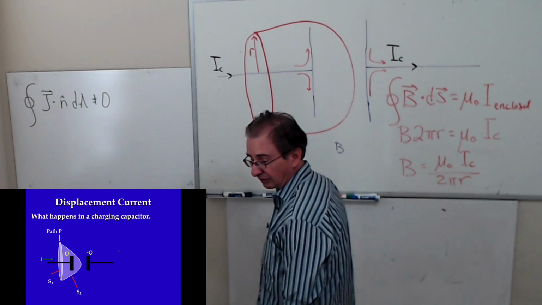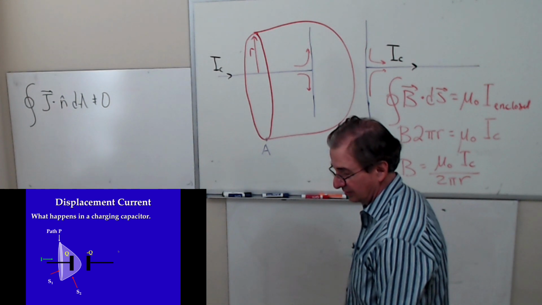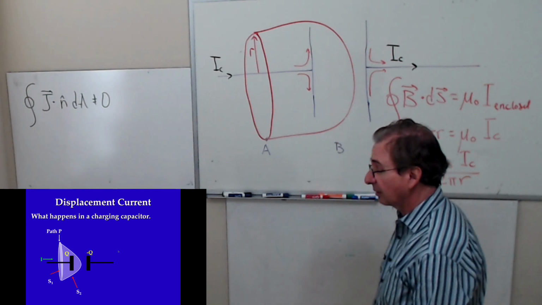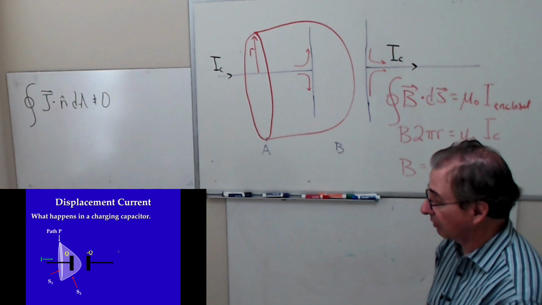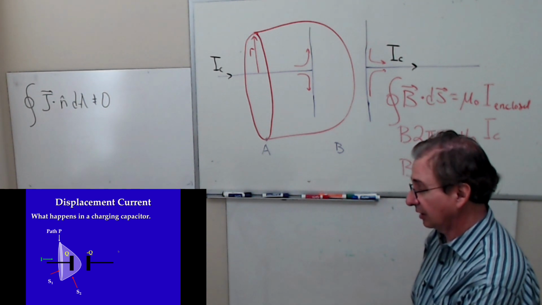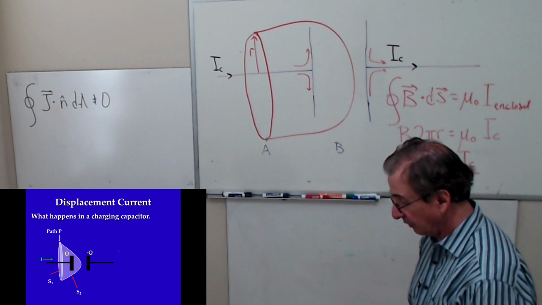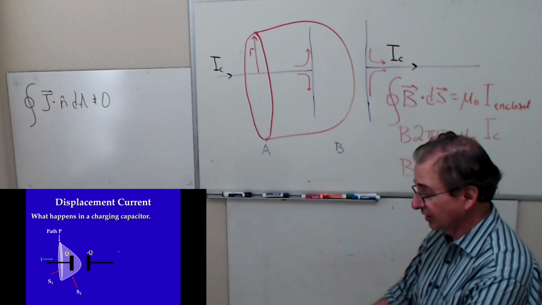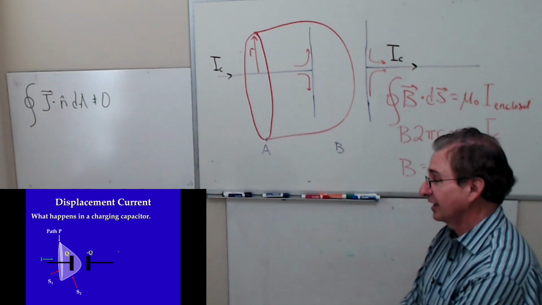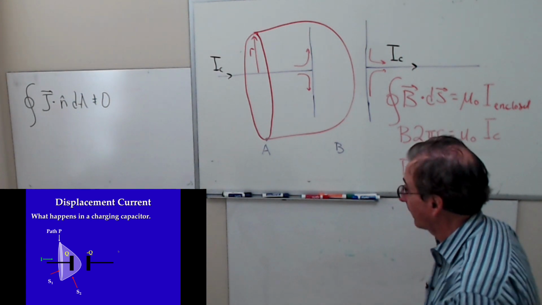Isn't the electric flux related to charge? I don't remember the equation. Okay, you don't have to remember the equation, but the electric flux was related to the charge. In the case of Gauss's law, the flux through a closed surface is related to the charge enclosed.